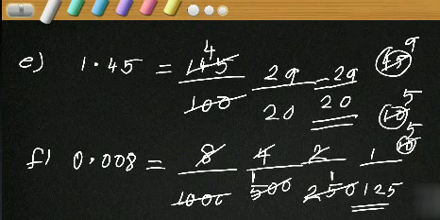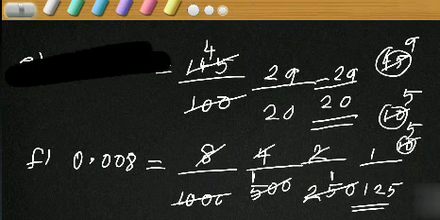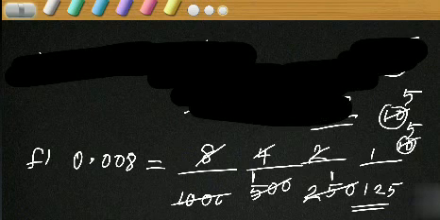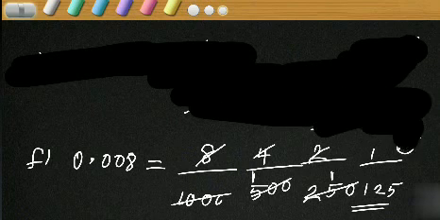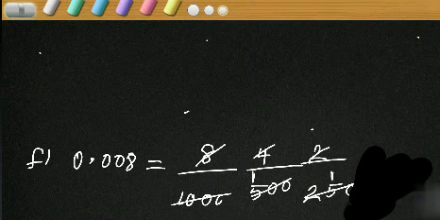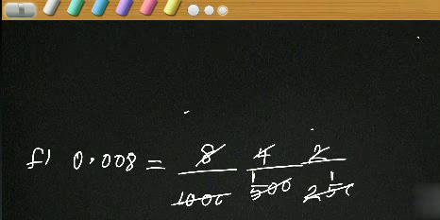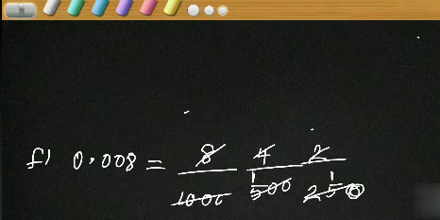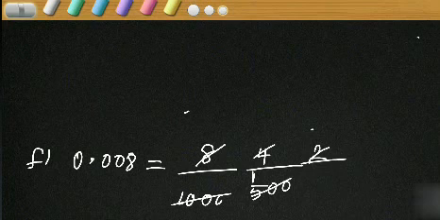If you want, let me do it once again. Any doubt? Yes. One minute. Let me do this step again. Again a common factor 2 is there among the numerator and denominator, so it has to be reduced.